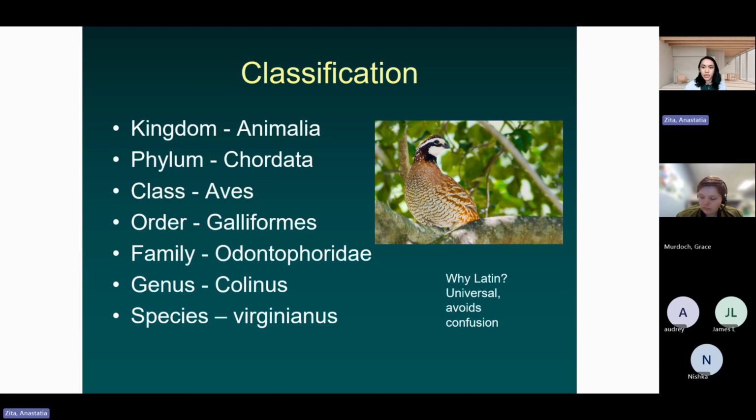On the right is a bobwhite quail, and on the left, you have its classification. You'll notice that the names are in Latin, and that's to keep the names universal so that there isn't any confusion with common names. Like how some people will say cougar and other people might call it a mountain lion, but they're both talking about the same species.